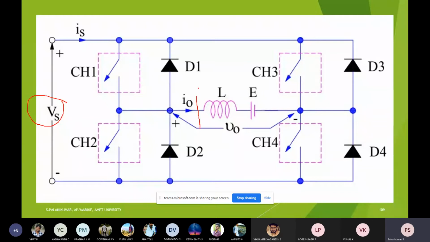Here it is my DC motor, with LA, the inductance of the armature coil, and this is the back EMF. Here the motor terminals will be there, positive terminal as well as negative terminal. During any forward motoring operation, a current I naught will be flowing in this.